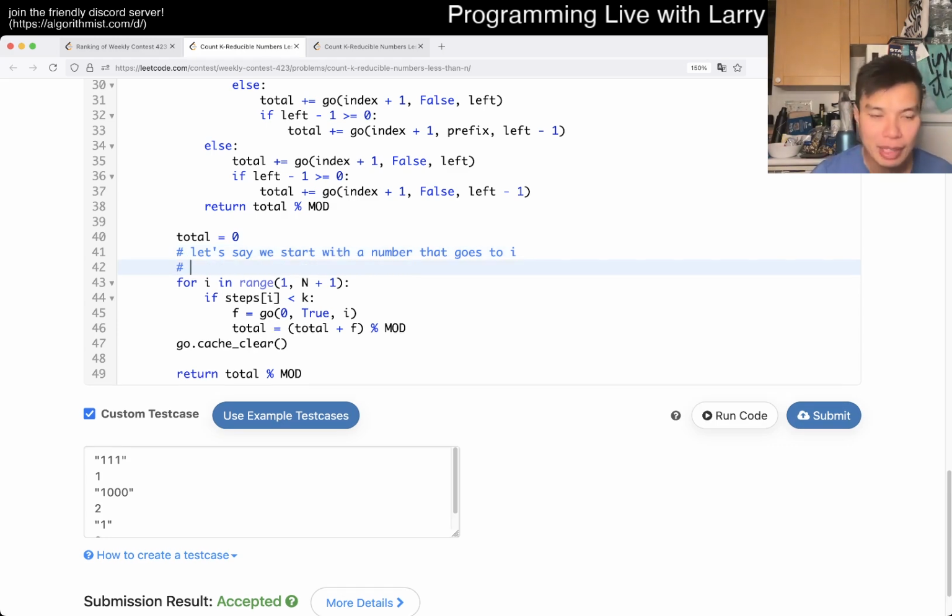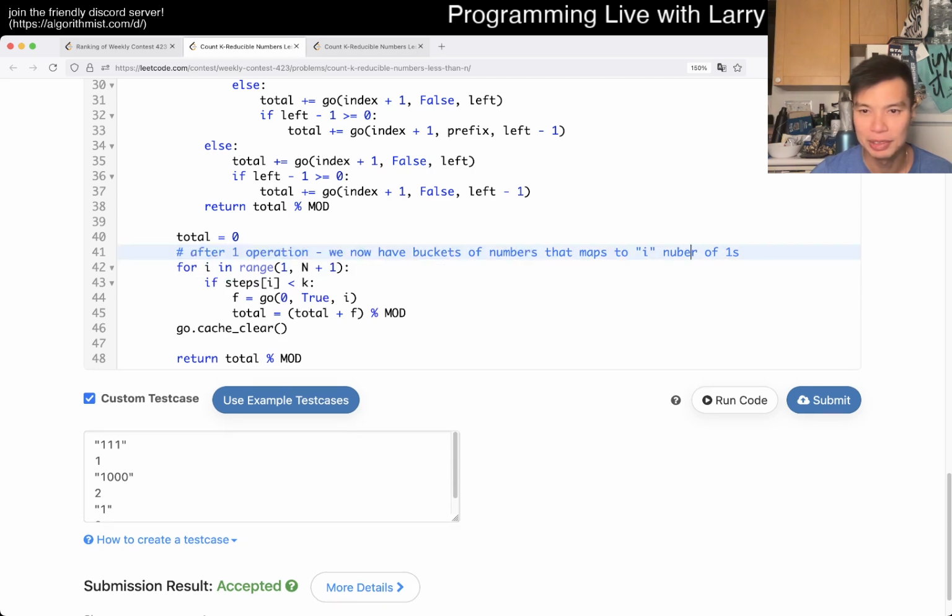After one operation, we now have buckets of numbers that map to a number of ones. So that's basically the idea.